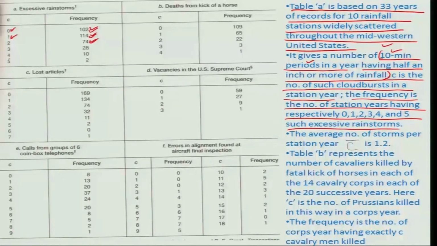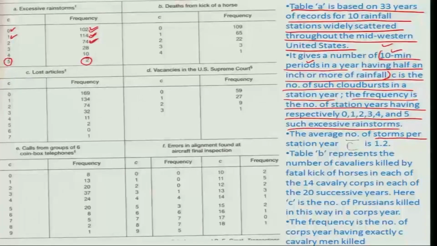And as the numbers go higher, you see 5 such incidents have been recorded in at least 2 station years. So, station years means the number of stations times the number of years. So, the average number of storms per station year, C dash, is actually 1.2, which can be computed here by looking at C times the frequency, so sigma Cf divided by sigma f.